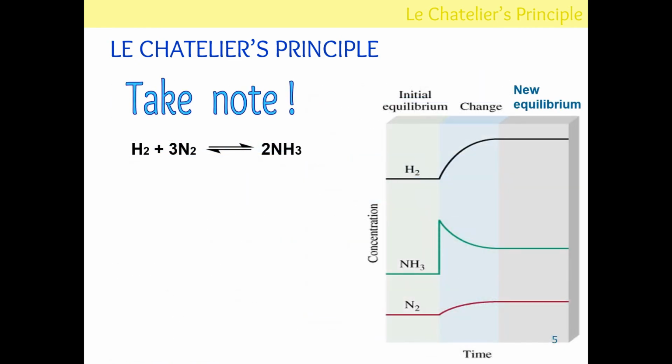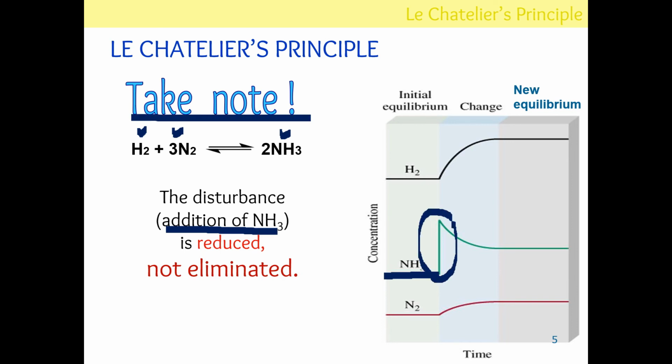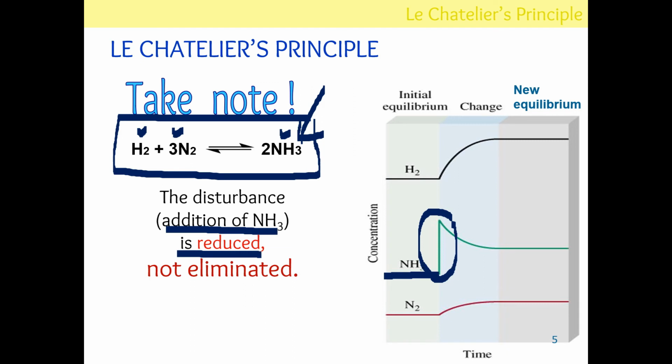For example, in the reversible reaction, hydrogen reacts with nitrogen to produce ammonia. The system is already in equilibrium, and a disturbance, the addition of ammonia, is reduced, not eliminated.